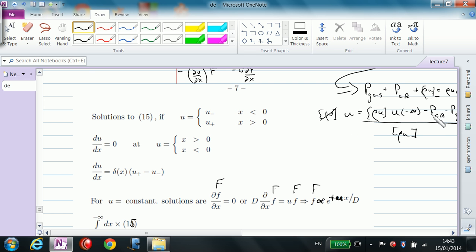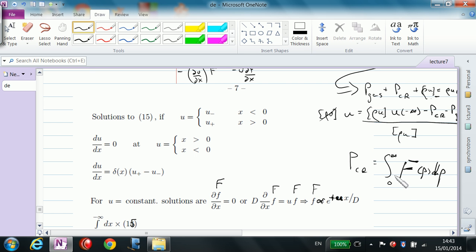Now what's P cosmic ray? Well, P cosmic ray is just the integral to infinity of f of p dp. And if I write capital F here, then I think this was d log p.